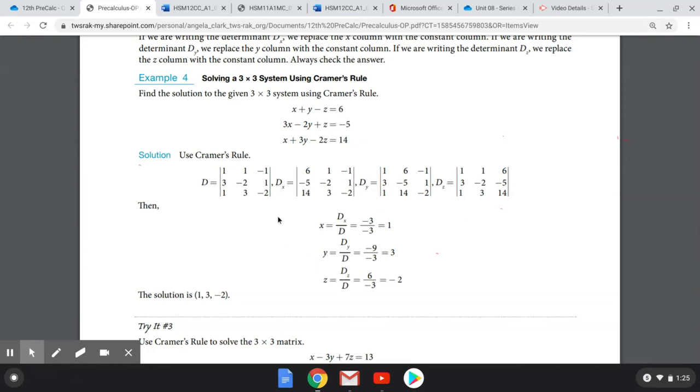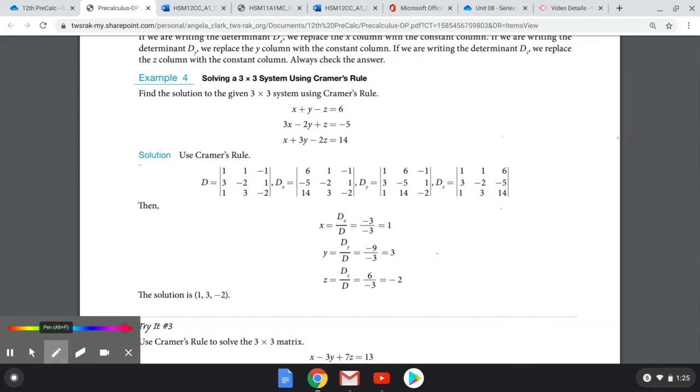So I'm going to do an example of finding the determinant of this one. The process is the same for all of them, and they've already done that for us. But I'm going to show you step by step the process with this matrix.